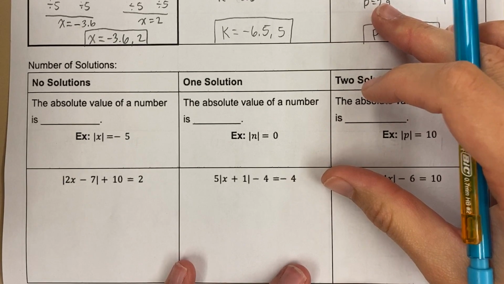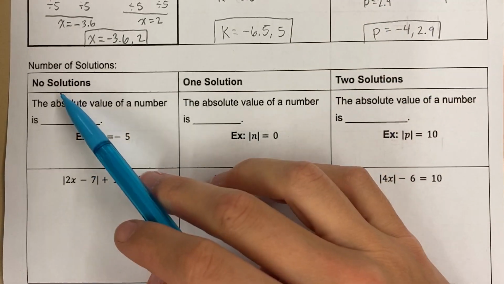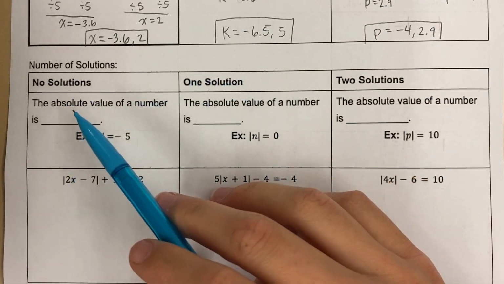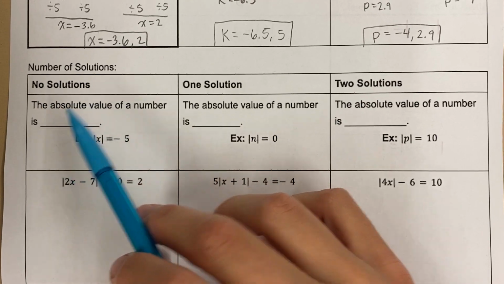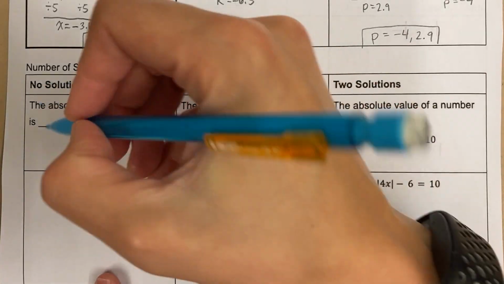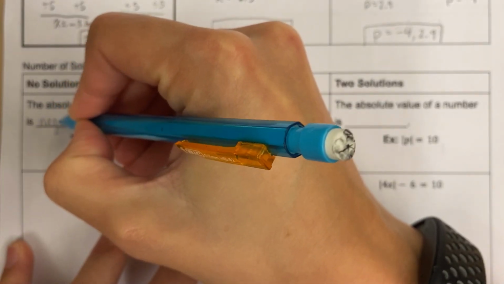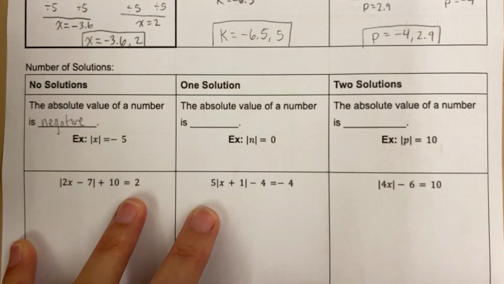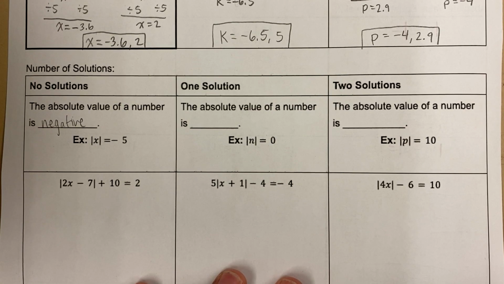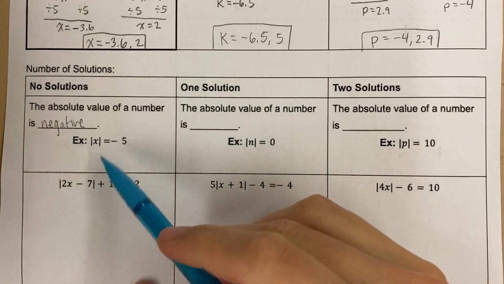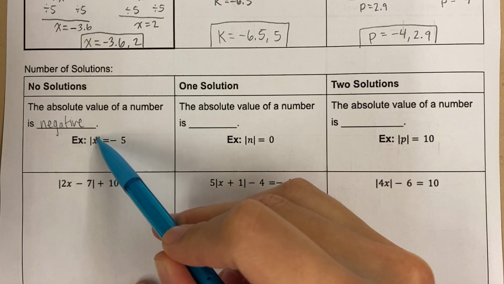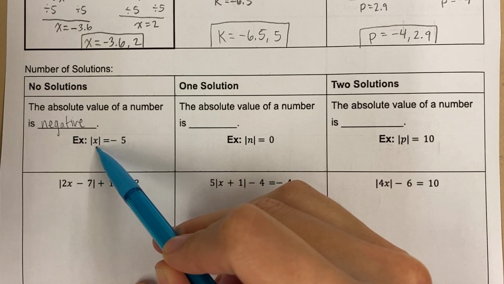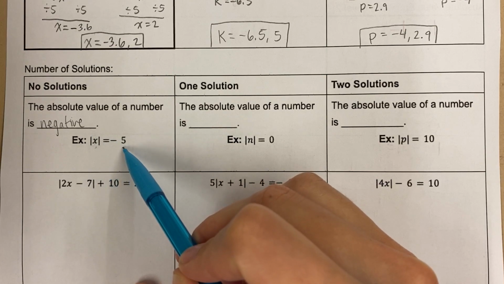Now, there's a couple situations you could find yourself in where there wouldn't be two solutions. So, there's no solution to an absolute value equation if the absolute value of a number is negative. Okay? Because here's the thing. We know what absolute value does. It makes numbers positive. So there's no number that I could put here in the absolute value sign, and the absolute value of that number would be -5.